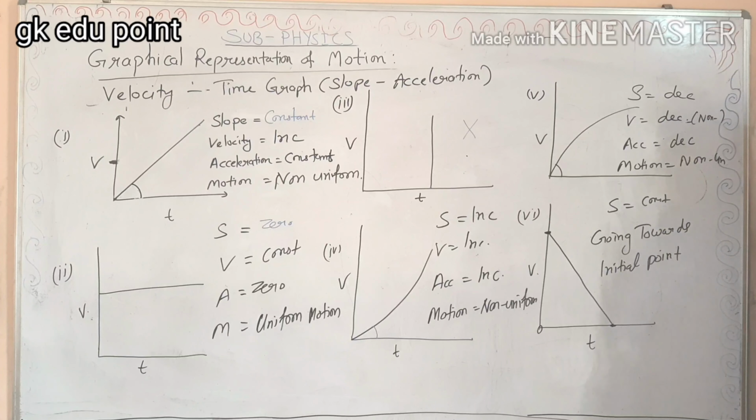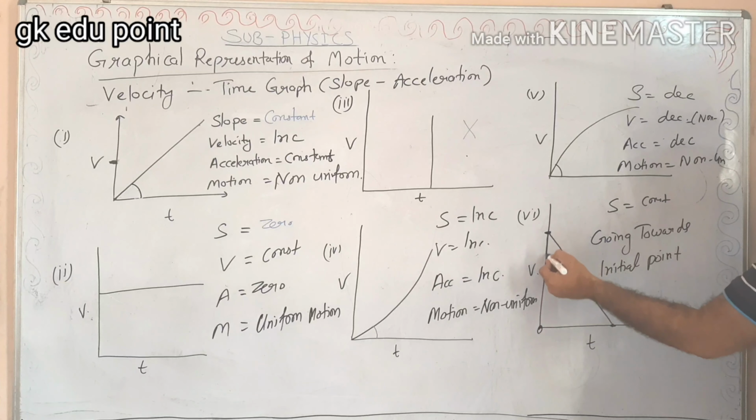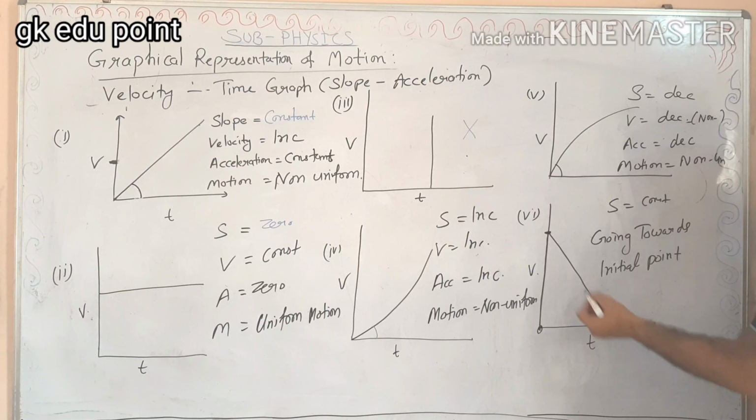In this graph, again we look at the slope. Slope is constant. So the particle is accelerating, but negatively, because at the origin point there is a maximum velocity. But as time goes, velocity changes and goes towards the value 0.